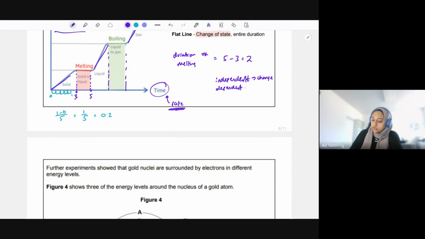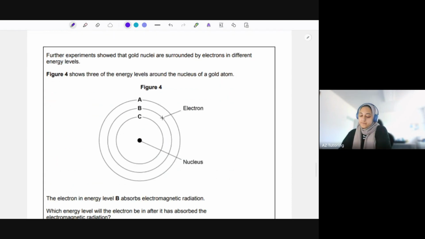Dependent is what you're measuring. And control is what you're keeping the same, so you don't want it to affect your experiment. For example, in that one with temperature decreasing with the gases, we kept the volume the same because we don't want the volume to cause anything.